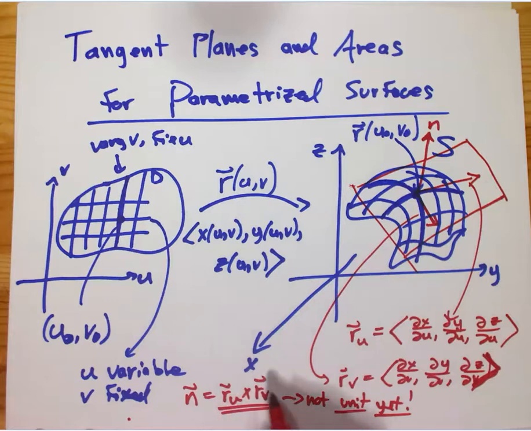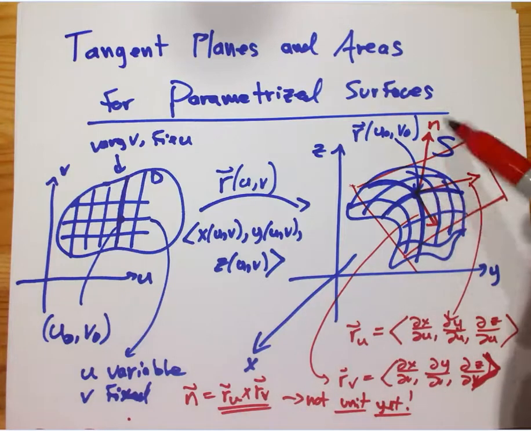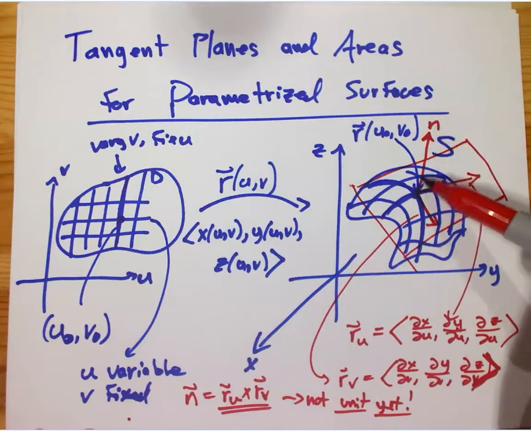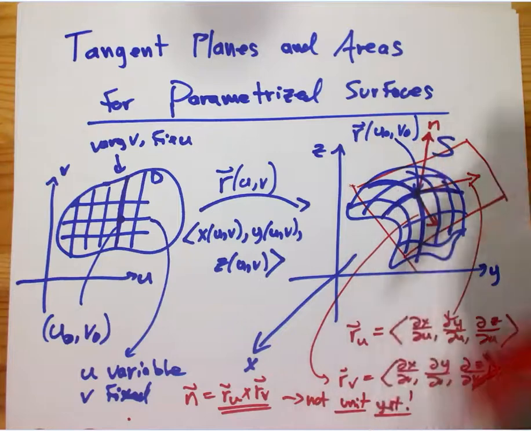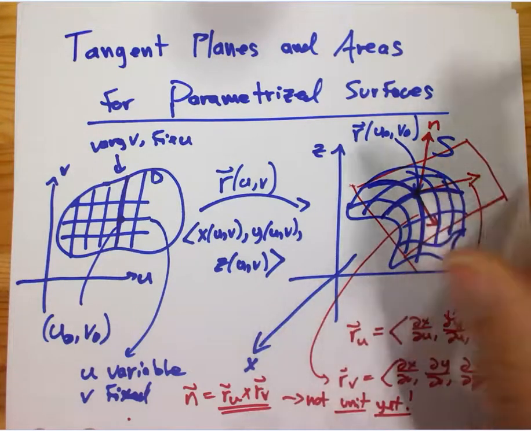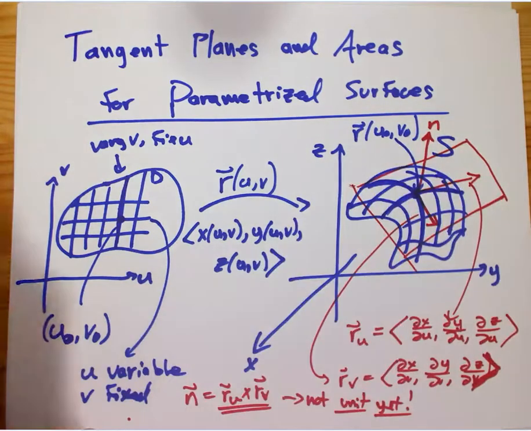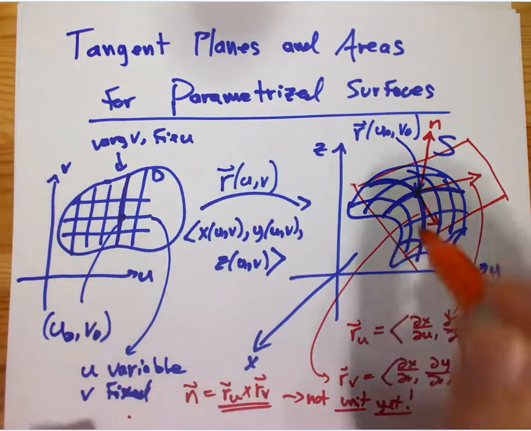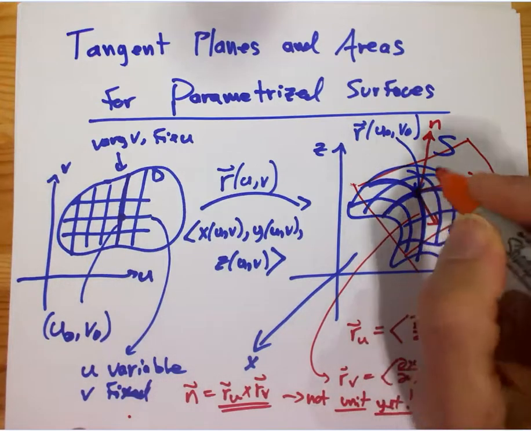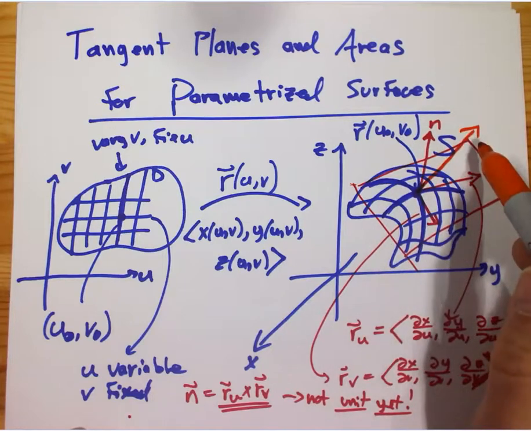Okay. The other issue is that this is going to point in a particular direction. And when we do flux integrals, this is again an analog of what we saw in flux across a curve in 2 dimensions. It totally matters whether we use a normal vector like this and a normal vector like this. How that matters is that when we say this surface has exactly this normal vector at this point, we're going to declare, let's use one more color, that a vector field, like a fluid flowing through, generally, believe me, trust me, that's orange and not red.